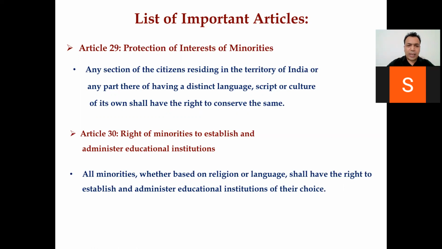Article 30 talks about the right of minorities to establish and administer educational institutions. If a minority establishes an educational institution, no government can stop it in India, because Article 30 protects it. All minorities, whether based on religion or language, shall have the right to establish and administer educational institutions of their choice.